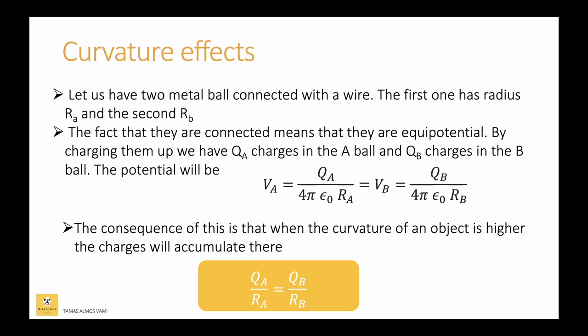I mean, it's not fixed, but there is a rule for that. So if you have an object which has more curvature, then there will be higher charge on that. Right? If this number is bigger, then the only way that you could have this is if you increase the charge.